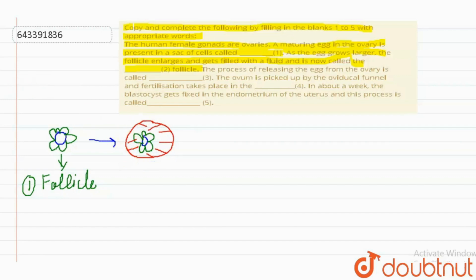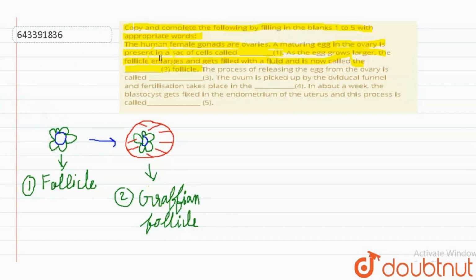Now this is also a follicle, but we will call it as a Graafian follicle. This is the advanced follicle.